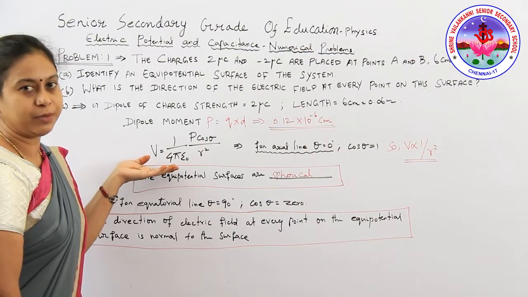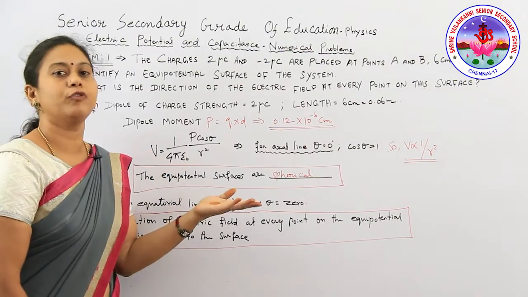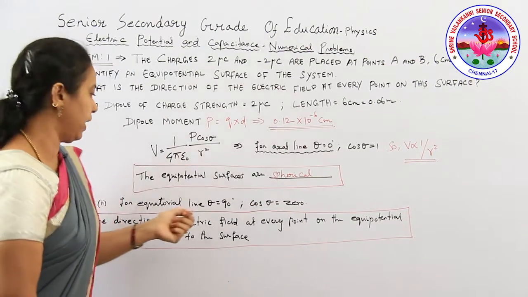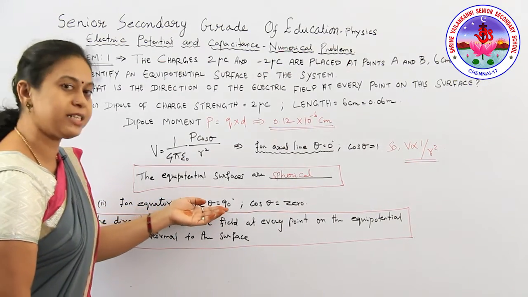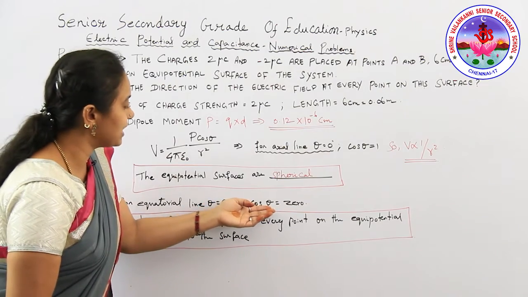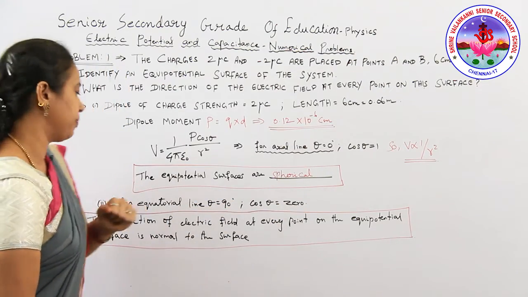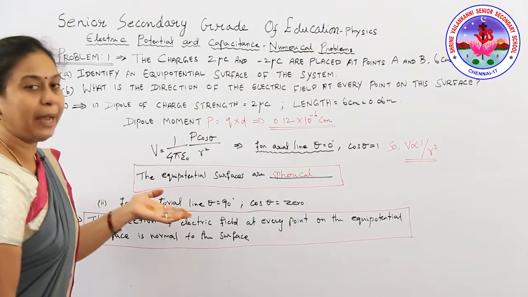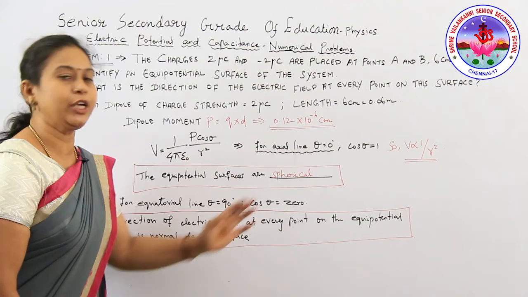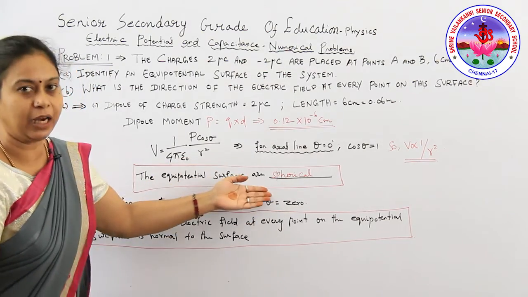From that you can get it. You can check the base formula video, right? For the equatorial line theta equal to 90 degree, so cos 90 will be 0. Then the potential for the equatorial line is 0. There it is a spherical one.